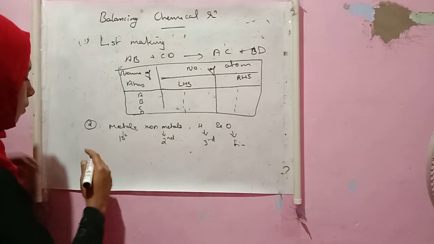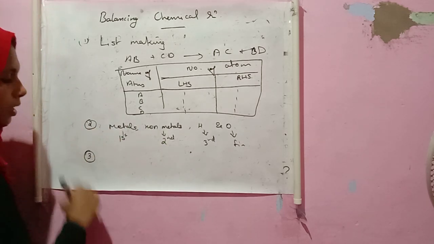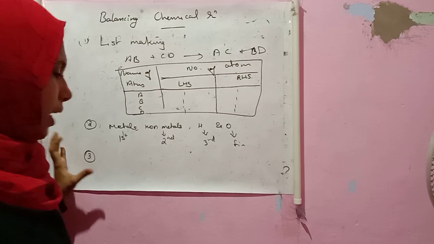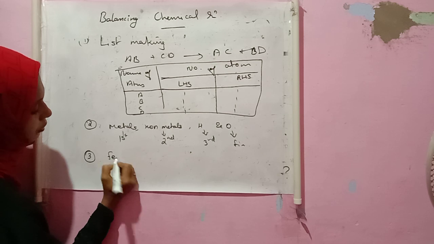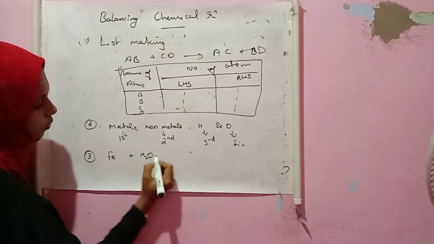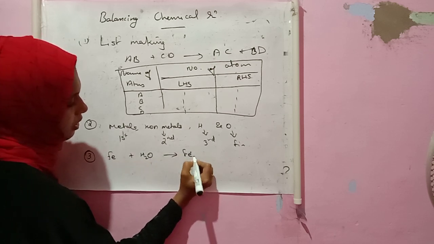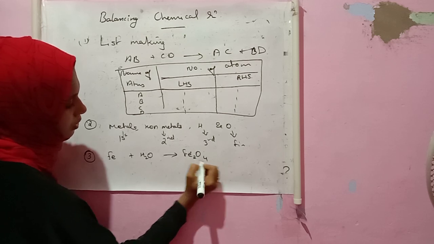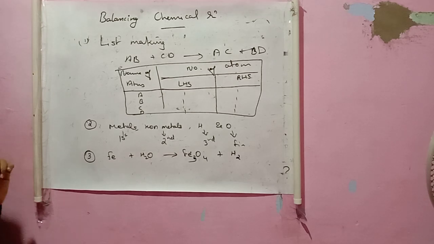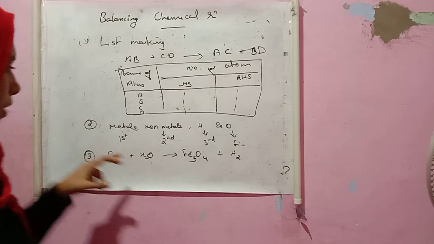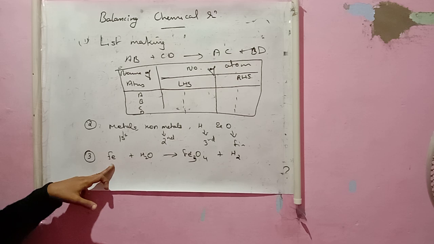Now the third rule. To explain this third rule, I am giving an example: Fe plus H2O gives Fe3O4 plus hydrogen. Here, according to our second rule, the metal is iron.